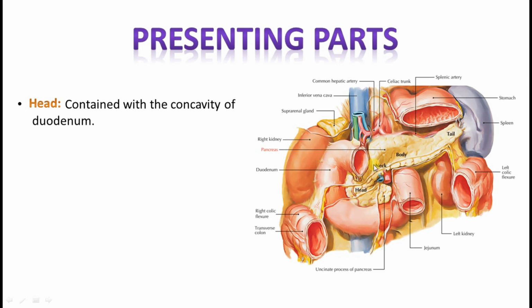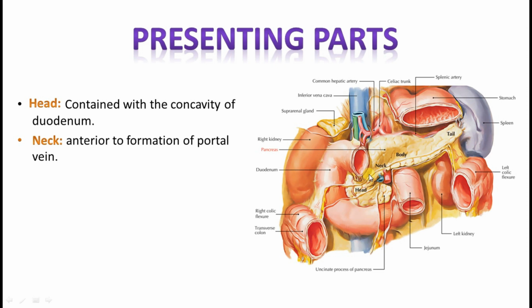How do you identify the neck of the pancreas? The neck of the pancreas is identified by the commencement of the portal vein. So the bile duct, hepatic artery, and behind that the portal vein. The portal vein is formed behind the neck of the pancreas.